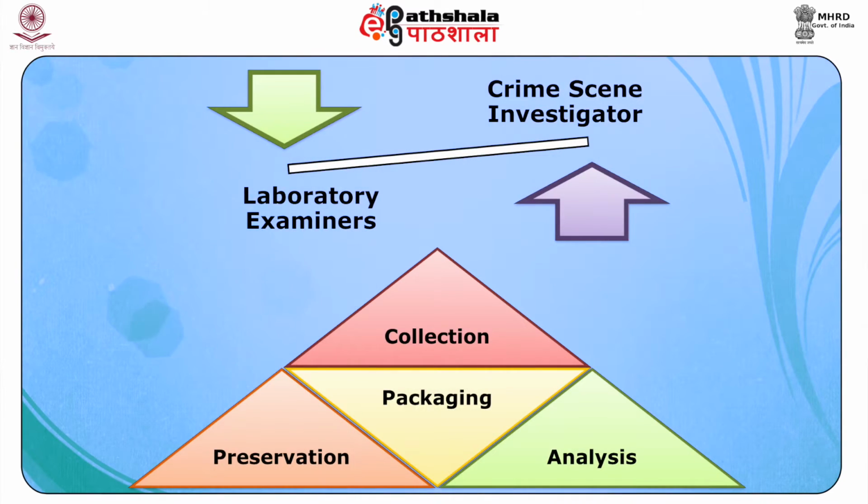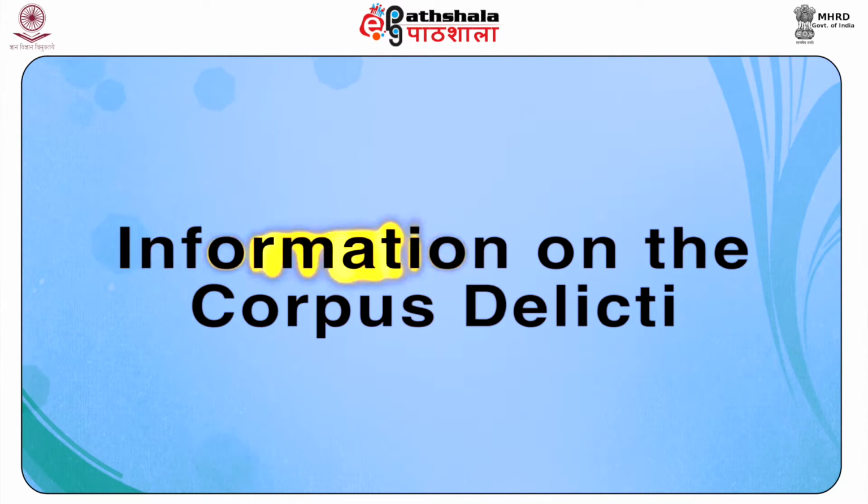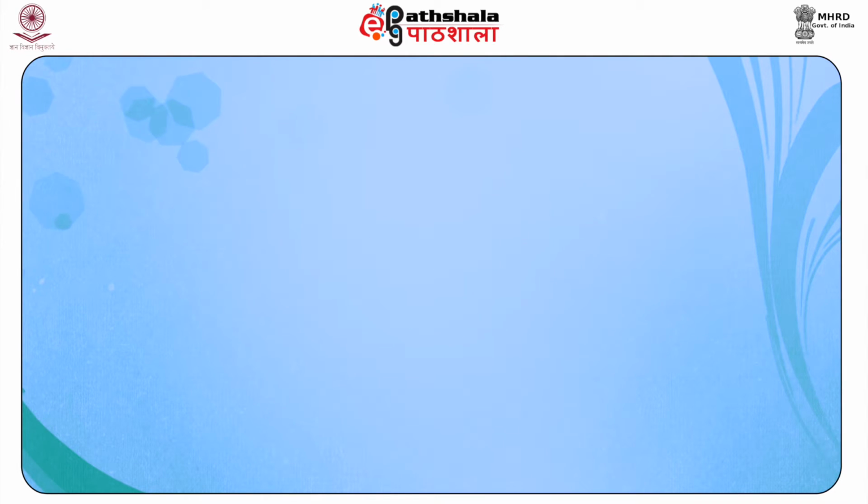A strong relationship exists between the crime scene investigators and laboratory examiners for collection, preservation, packaging, and analysis of evidence. The expert's role is essentially one of impartiality, and the main directive is to assist the court in arriving at the truth. First is information on the corpus delicti.